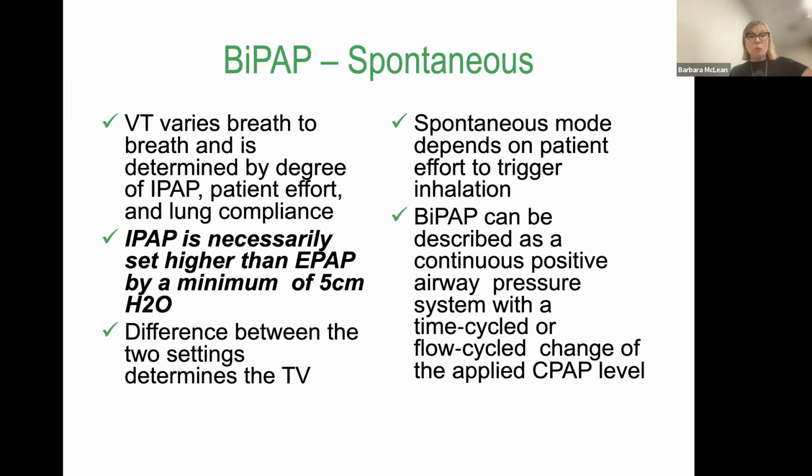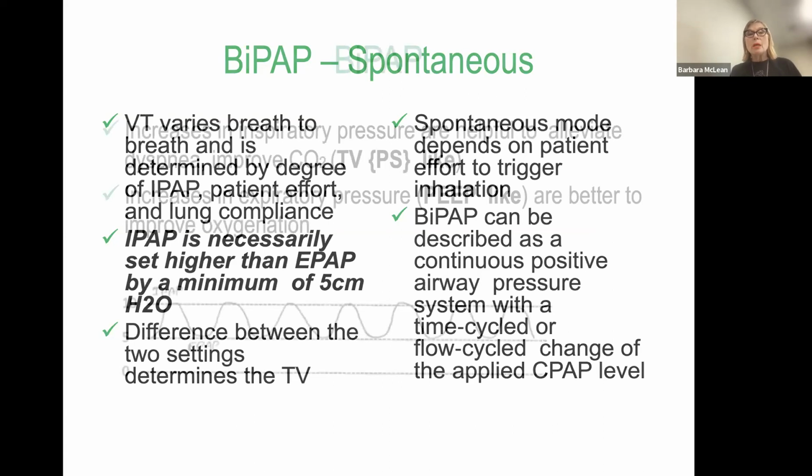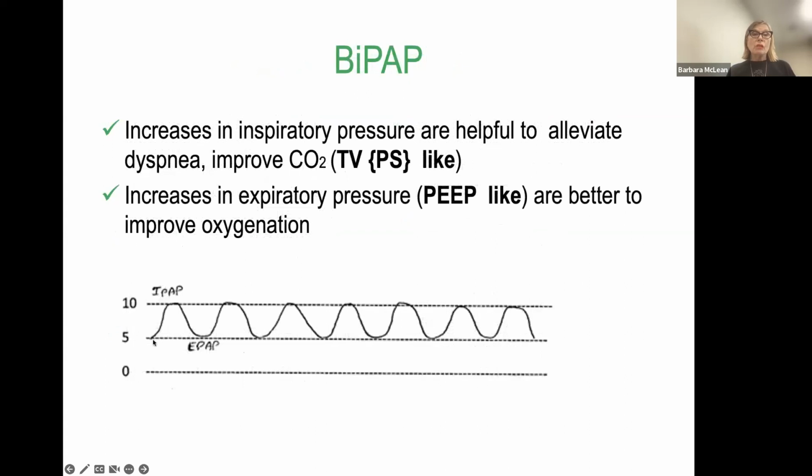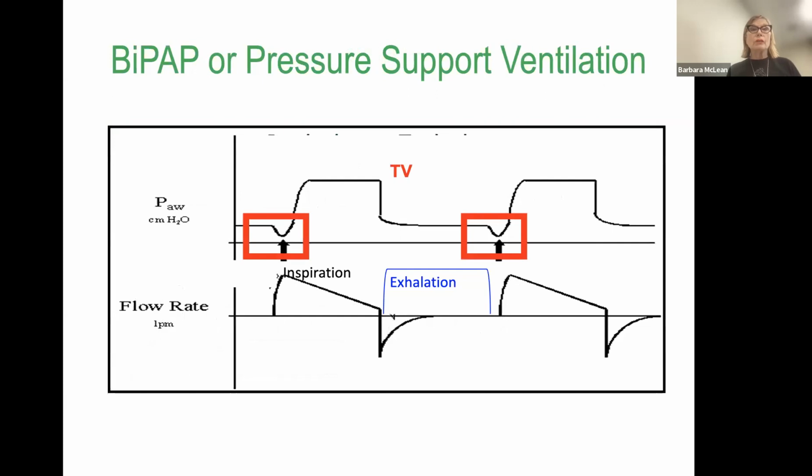And that's the difference between the IPAP and the EPAP. Okay, so when we look at this, you can see here's IPAP, here's EPAP. The difference between the two is what supports tidal volume. And it's very much like pressure support. Pressure support is set in order to help me mobilize a certain tidal volume. Tidal volume is what clears my CO2. Okay, so the expiratory pressure, EPAP, is much like PEEP and CPAP, and that actually helps me to improve oxygenation.